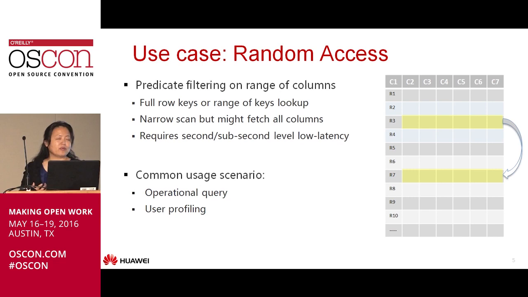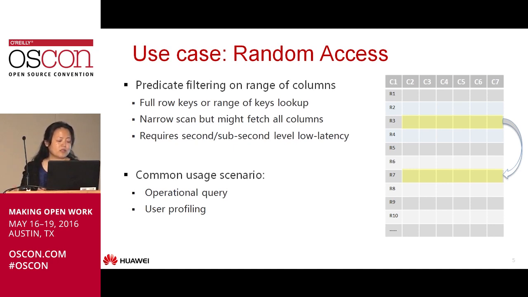The third use case we'd like to share is random access. What we mean is it involves predicate filtering on a range of columns. It might be a full row key, like a primary key filtering, or a range of keys, combination of keys. It's generally a narrow scan, where you only touch very few rows of the table, but you might fetch all columns.